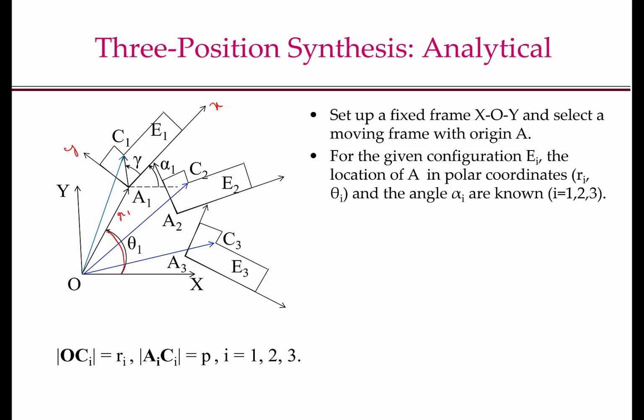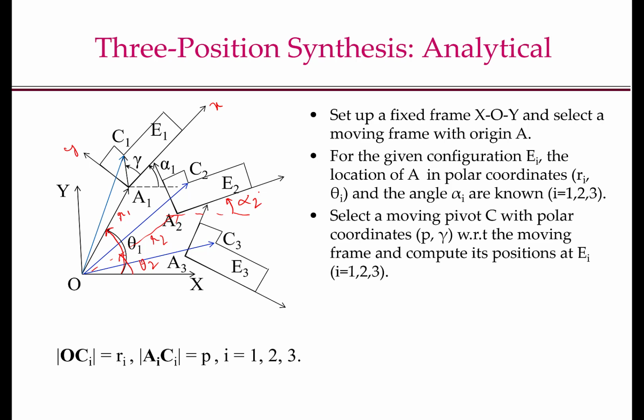The angle θ1 that OA1 makes with the x-axis is known, and the angle alpha1 which the x-axis of the LRCS at position E1 makes with the x-axis of the GCS is known. Similarly, E2 is known means OA2 is known, which is R2 here. The angle θ2 is known, and the angle alpha2 is known. And the same is true for the pose E3.